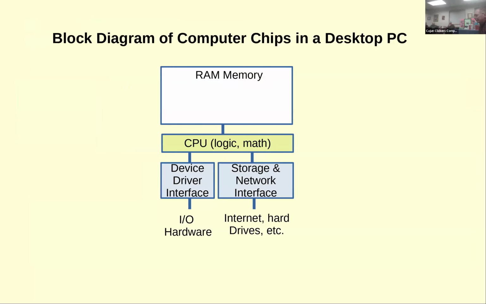So if you look at it from an electrical diagram, from electrical component parts, a computer has the RAM memory, and it has the CPU chip. And then it's got a whole bunch of chips that interface with the actual hardware that you plug in. So the display and the keyboard have to have chips that interface and send stuff to it. And your hard drive has to have a chip that sends it to the hard drive because the hard drive is plugged in.